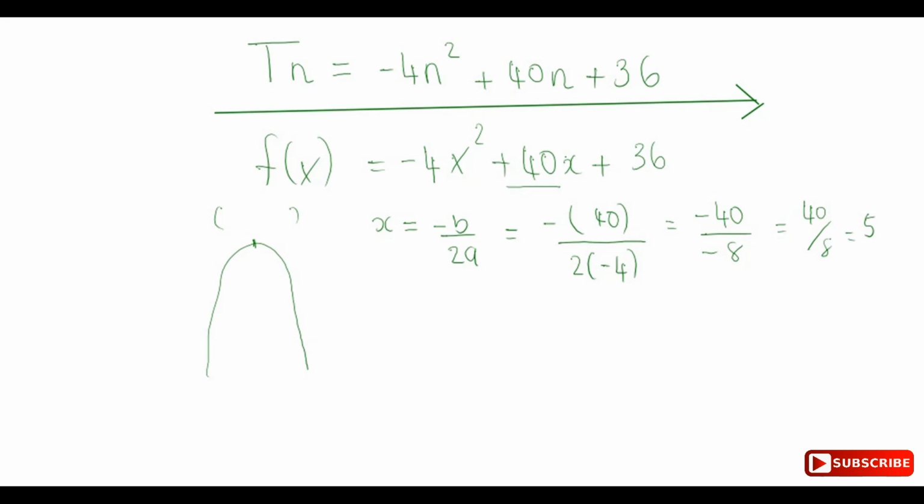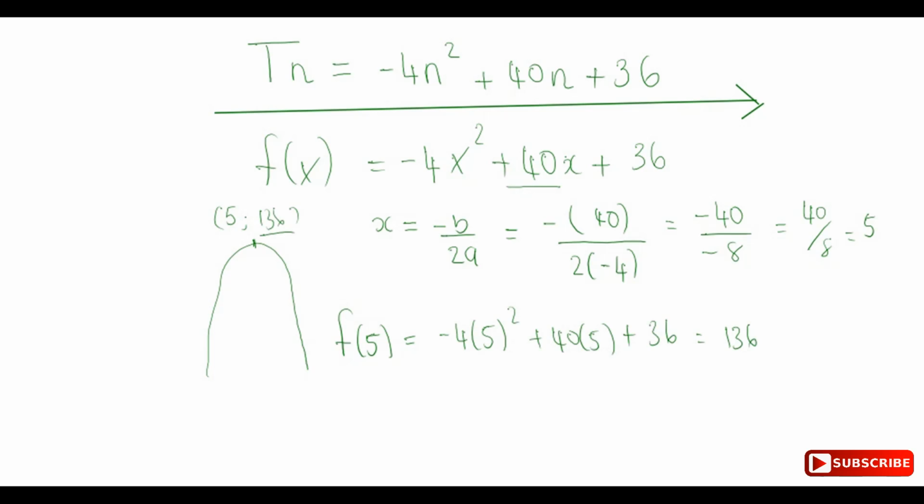So we find the turning point of this quadratic function is 5, okay? And then we substitute the 5 into this equation to get what the y value is, which is minus 4 times 5 all squared, plus 40 times 5, plus 36, and that will give us the same value that we got, which is 136, right?